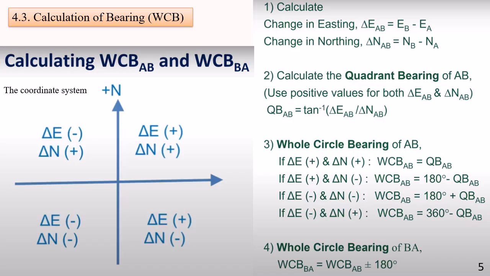The change in easting between A and B is easting of B minus easting of A. And the change in northing, delta N AB, is the northing of B minus northing of A. The answer might be positive or negative. We will use the signs later on in the third step.